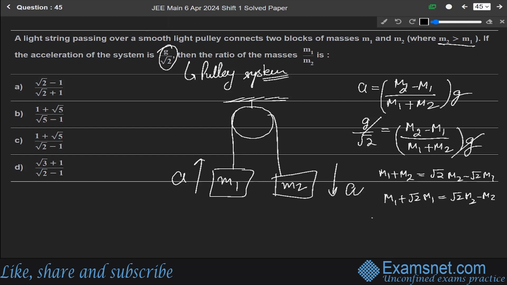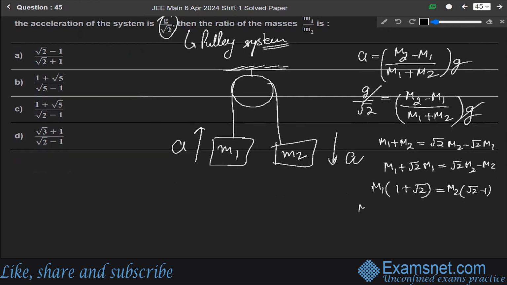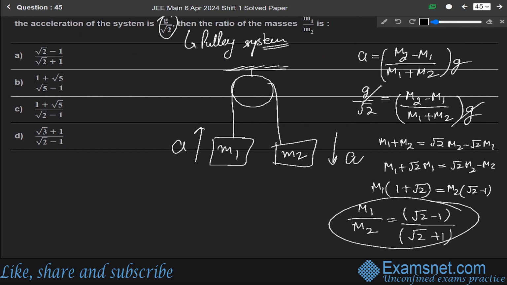So M1 into 1 plus root 2 equals to M2 into root 2 minus 1. So from this we can write M1 over M2 will be equals to root 2 minus 1 over root 2 plus 1. This is the final answer, so option A is the correct answer.